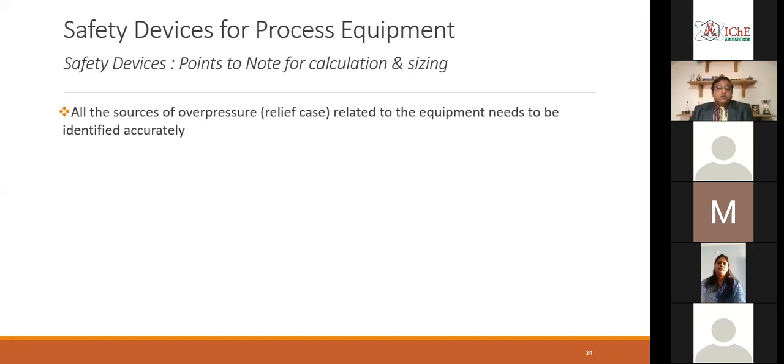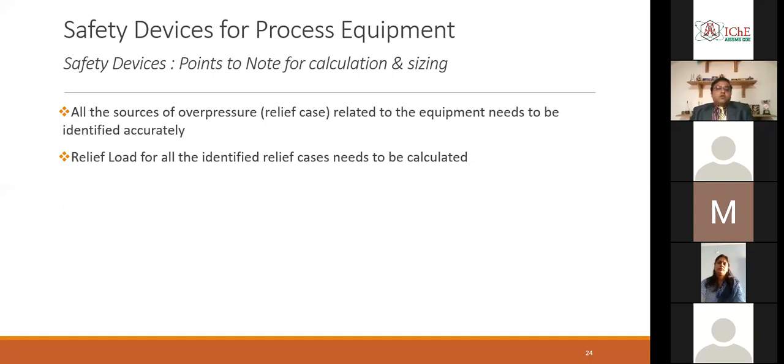Okay, now we have done so much about the overpressure scenarios. Again, I will tell you to note that all sources of overpressure related to the equipment need to be identified accurately. You have to go through the entire list and accurately identify which ones are applicable for your system.